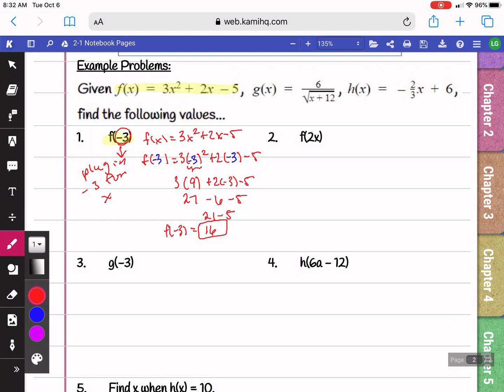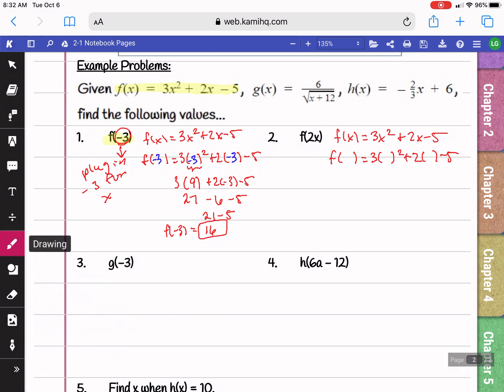For problem 2, we're still going to use f, but this time we're going to do f of 2x. So I'm going to start by writing f of x equals 3x squared plus 2x minus 5. Then I'm going to leave empty parentheses everywhere I see x, so I can plug in 2x into all of those. Here, 2x squared means 2x times 2x, which is 4x squared.